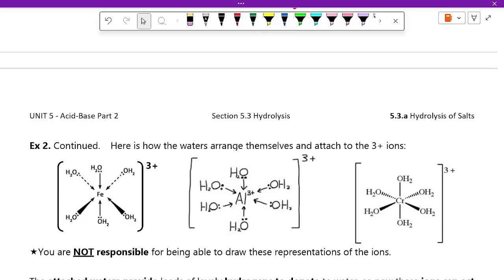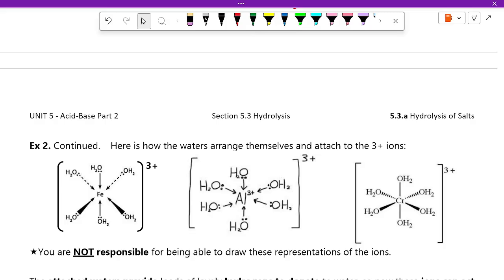Because remember, aluminum, we have 3s, 3p, there's nothing in the 3D. Yes? So if we wanted to look at aluminum, do you guys remember how to do electron configuration of aluminum?